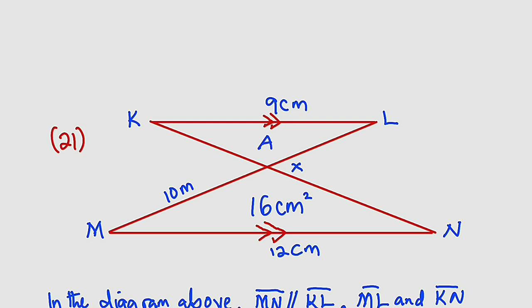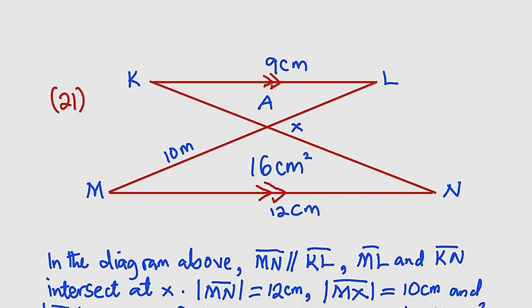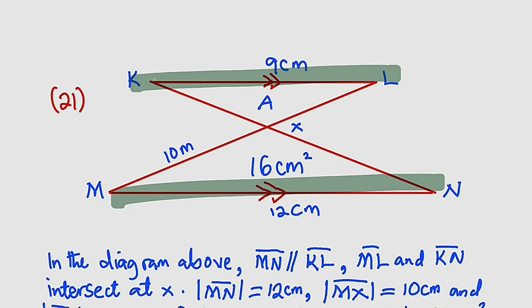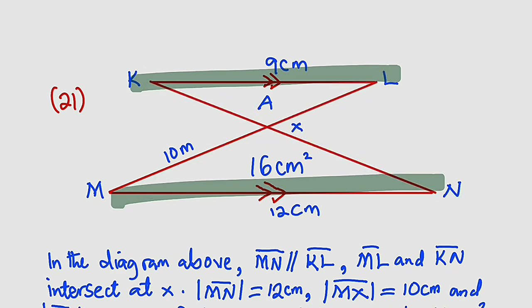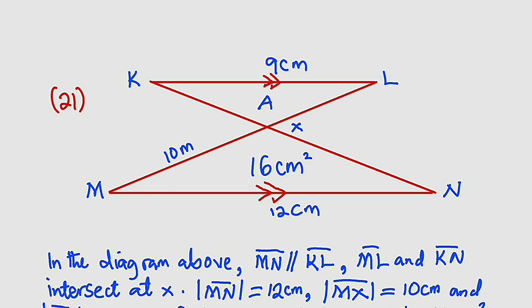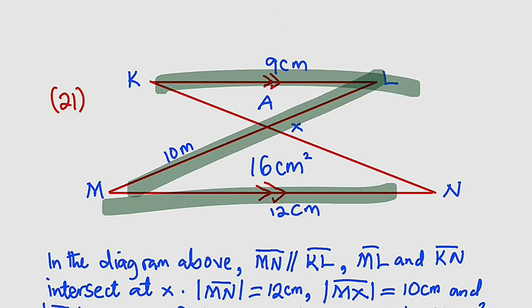If you observe, these two shapes are similar. Why do I say they are similar? Just observe. We have two parallel lines and a transversal line. These two lines are transversal lines. So if you observe, the two shapes have the same interior angles because these two lines are parallel and we have a transversal line here, which implies that this particular angle is equal to this one.